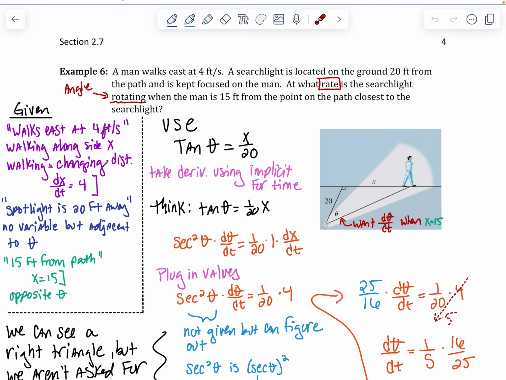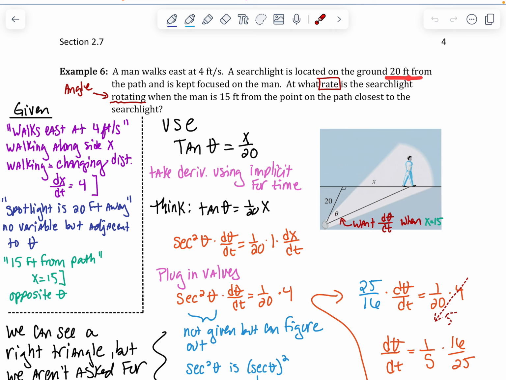to the searchlight? Okay, so we've got a visual given here, that here is this path that the man is walking on, and here is our searchlight that's on the ground, and it is rotating from the angle that it's pointing at to be following the man.